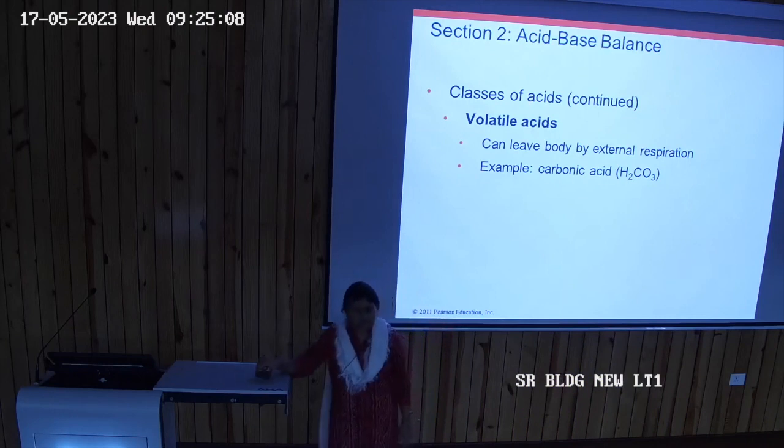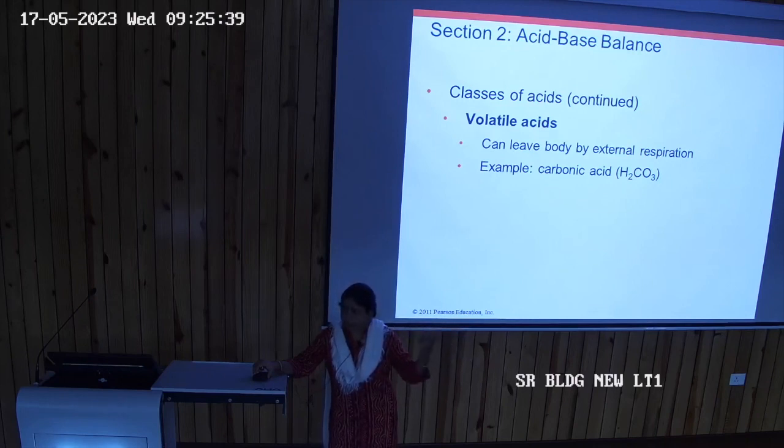When these kind of situations occur, the first line of defense for the buffer system is either hyperventilation or hypoventilation. So this is the result of a volatile acid that can be removed through lungs or respiratory system. Just the reverse, whenever there is change in the concentration of bicarbonate ion. So bicarbonate is directly proportional to pH.